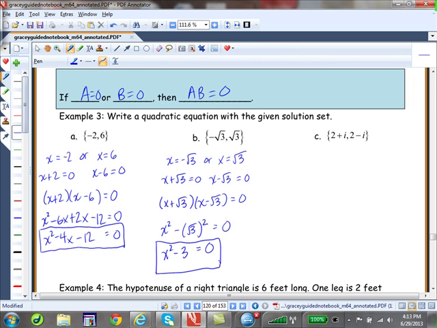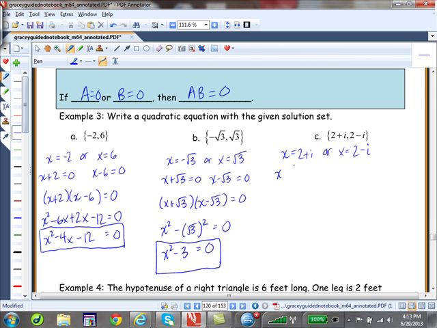All right, next up. This guy means that x was equal to 2 plus i, or x was equal to 2 minus i. So this one might be a little bit more labor intensive.